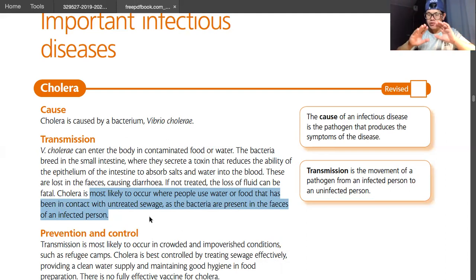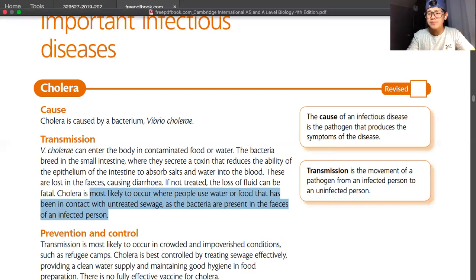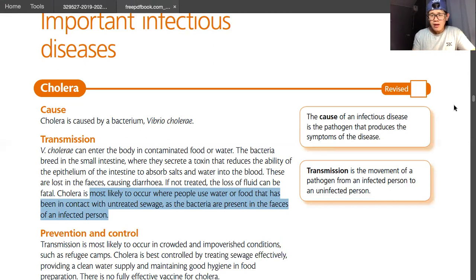So your toilet goes somewhere to be processed and it doesn't mix with your drinking water. But here what we're talking about is cases whereby access to clean drinking water, to sanitized water, is very hard. So for example in less developed countries, right?